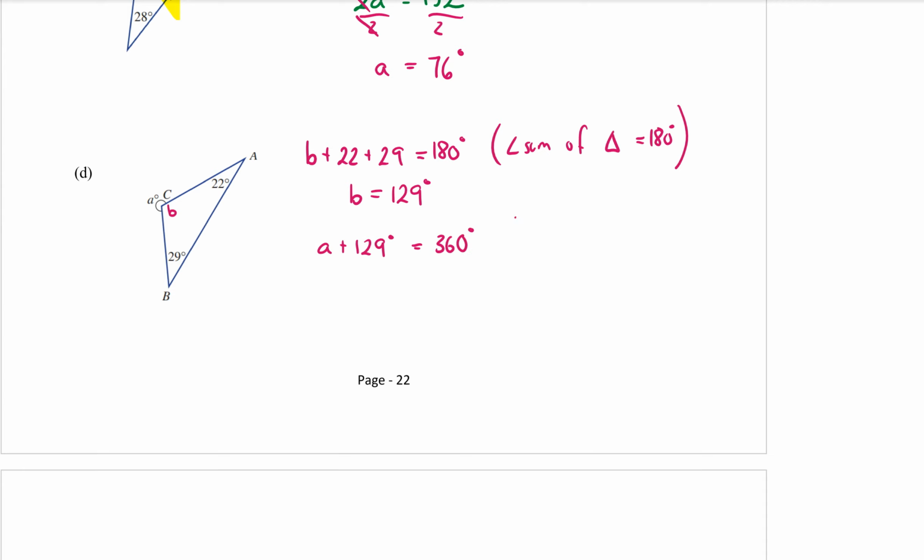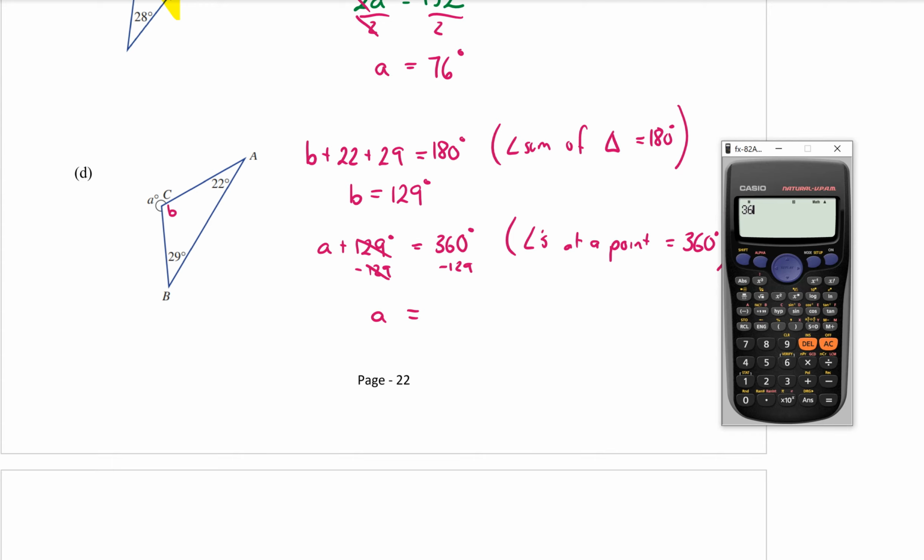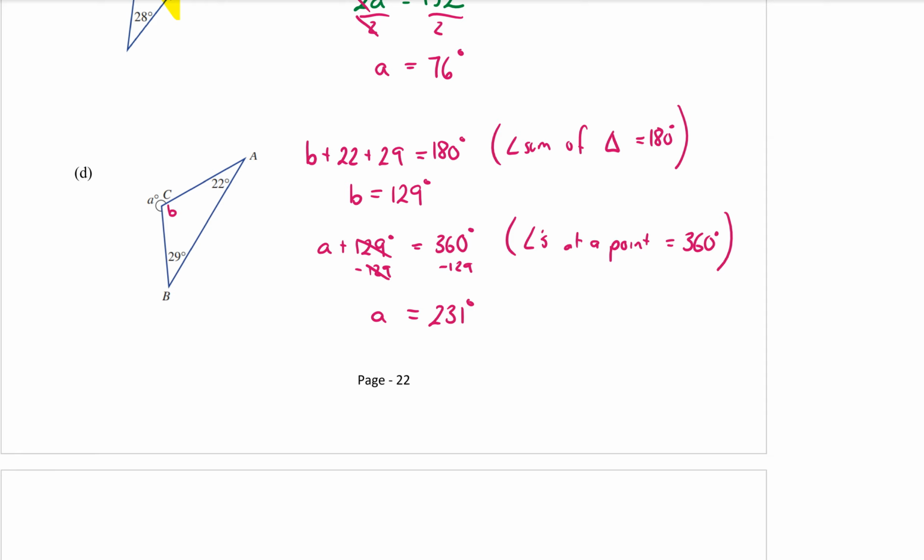And that is a new reason we're going to learn about, which is called angles at a point are equal to 360 degrees. To solve that, I would subtract the 129, which means A is equal to 360 take away 129, which is 231 degrees.